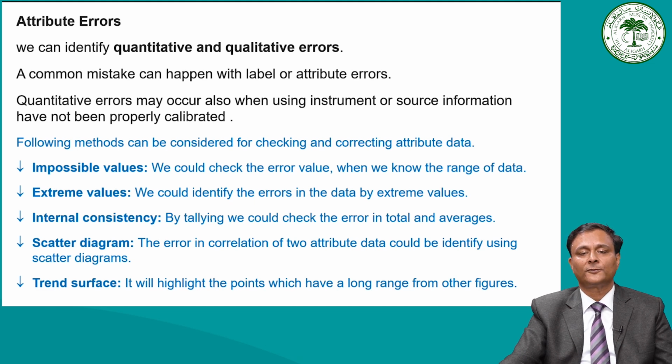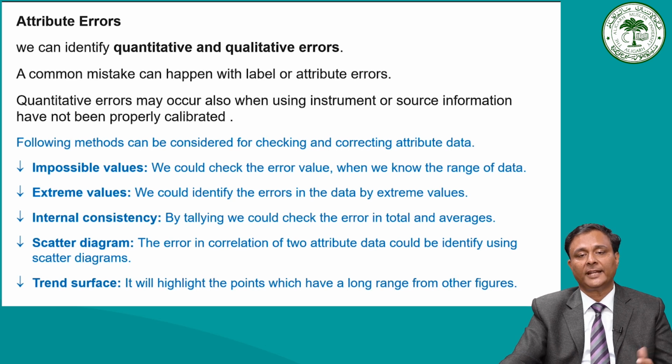There are many methods for checking and correcting attribute data. Some of them are like impossible values. We could check the error value when we know the range of data, and if it goes beyond the range, then obviously we can think that there is some kind of error existing in the data.